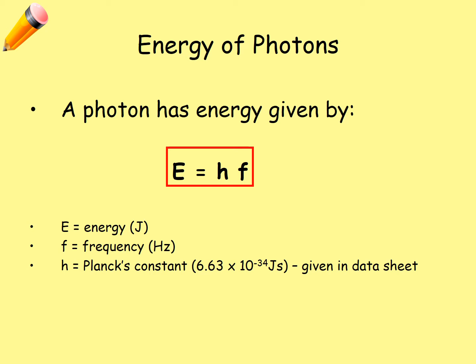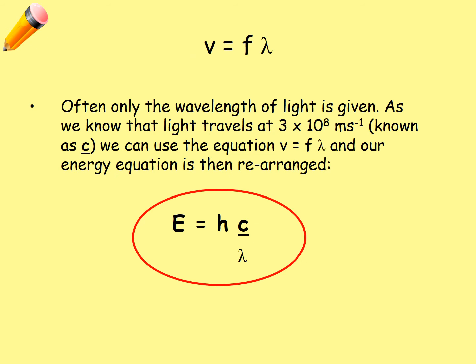There is a useful rearrangement of this though, and we need to think back to National 5, and think back to our wave equation. So the wave equation is v equals f times lambda. Now if you think back to our dynamic universe, we're dealing with the speed of light because we're dealing with electromagnetic waves that all travel at the same speed, 3 times 10 to the 8.